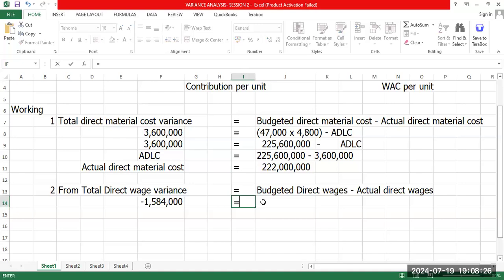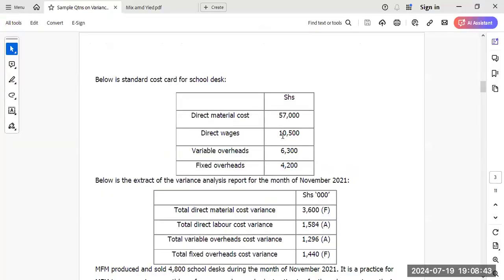It will be equal to, how can you get budgeted direct wages? You tell me. We are going to get 10,500. This is per desk.